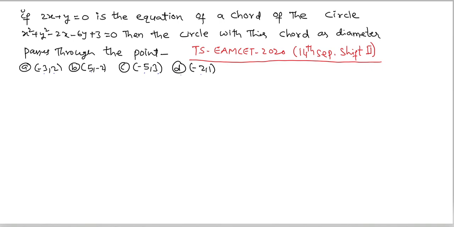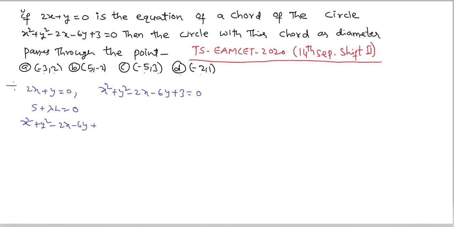Here 2x plus y is equal to 0 is the chord of the circle, and the circle equation is x square plus y square minus 2x minus 6y plus 3 is equal to 0. The circle through the points of intersection of the circle and the line is written as S plus lambda L is equal to 0. That is, x square plus y square minus 2x minus 6y plus 3 plus lambda into (2x plus y) is equal to 0.